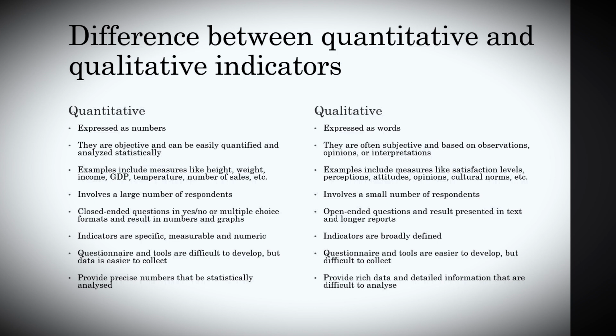While qualitative examples are the satisfaction level, how satisfied people are, the perception of the people, attitudes of the people, opinions, and cultural norms. Quantitative indicators involve a large number of respondents, while qualitative indicators involve a small number of respondents.